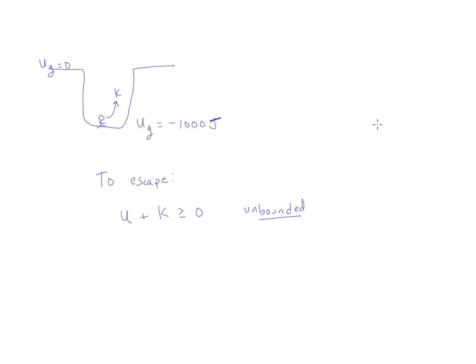So let's look at a new situation. Again, you're going to be launching a rocket off the surface of this planet. But this time, you want the rocket to escape. You want it to be unbounded. Our goal is to find the minimum velocity required to escape, and we call that the escape velocity.